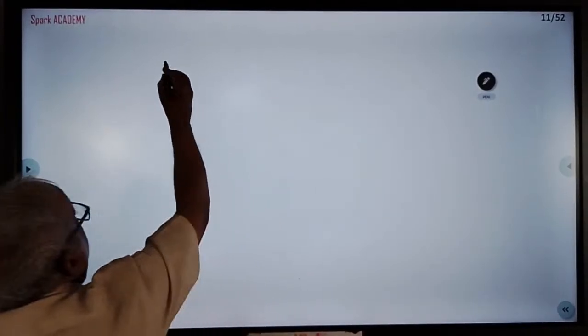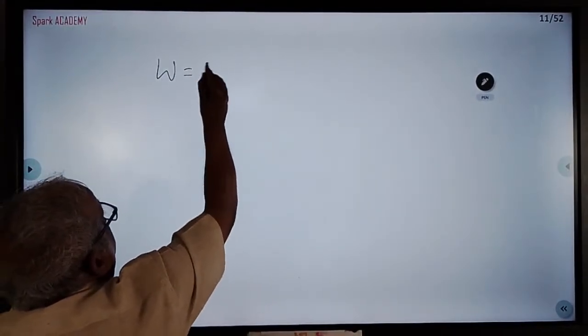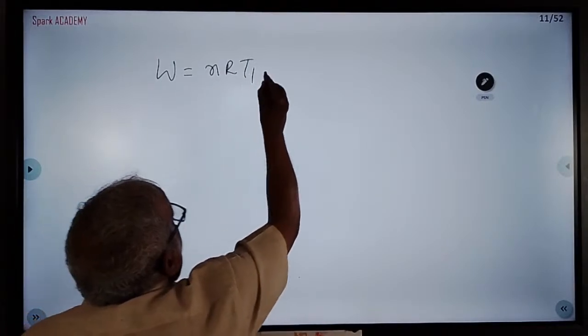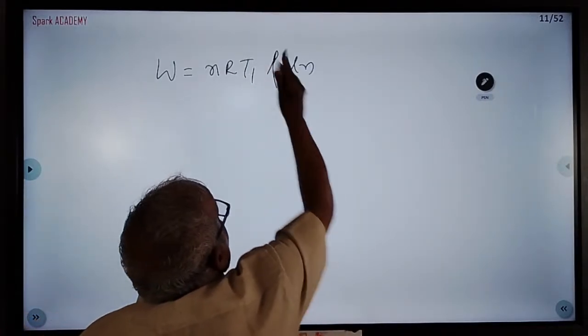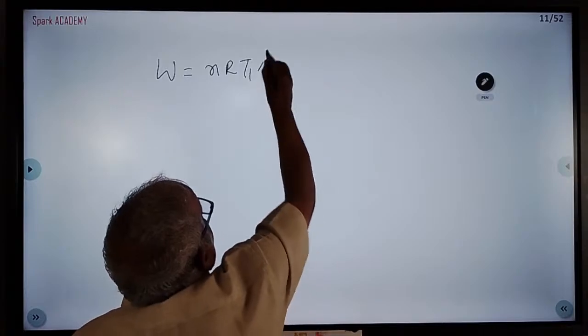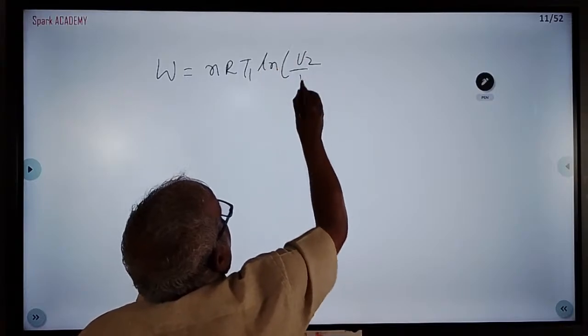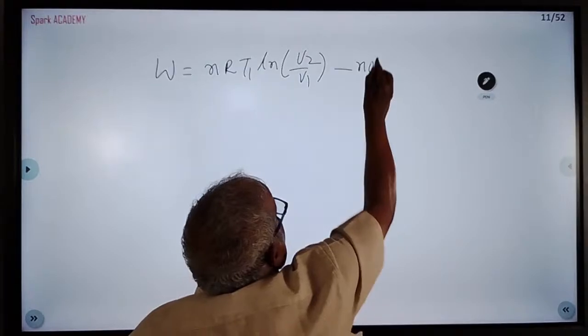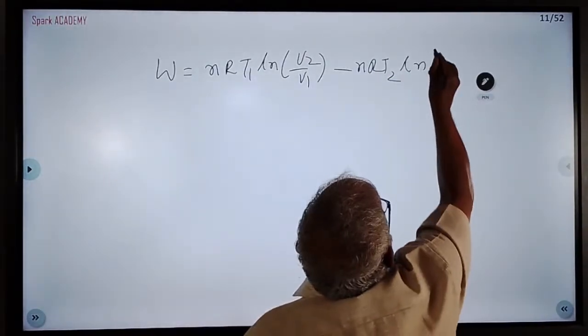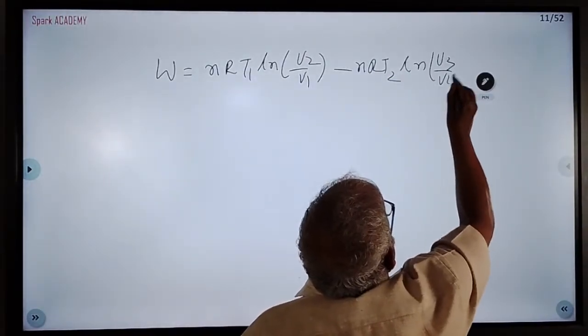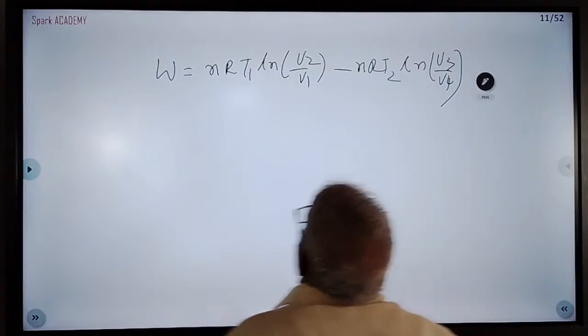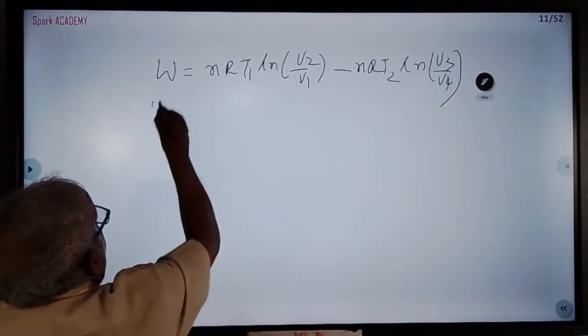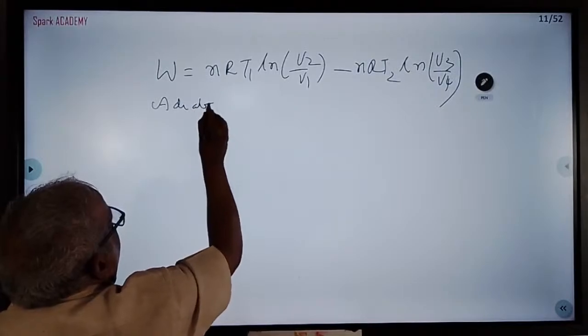Alright, friends, I am writing work done is nothing but equal to nRT1 ln V2 by V1 minus nRT2 ln V3 by V4. We can prove it by the adiabatic process, just the last step, just 2 minutes.